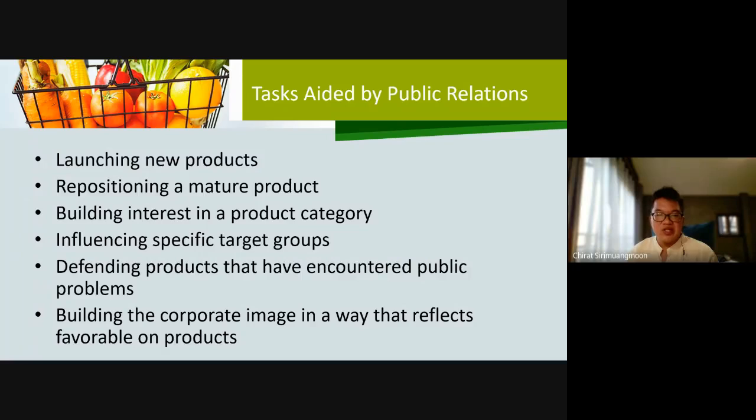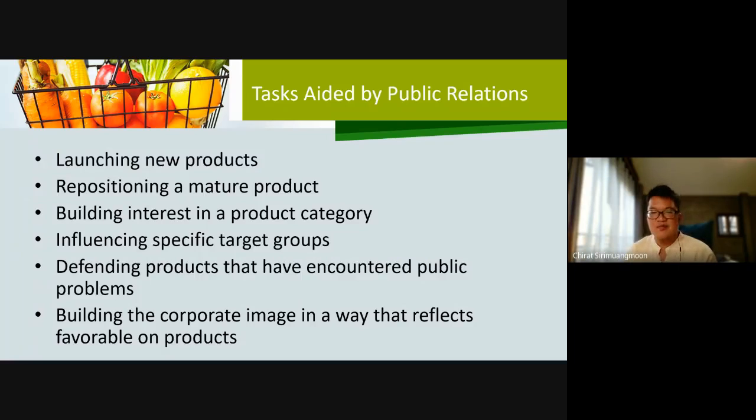Then building interest in the product category. If your product category is quite stable, you can do public relations to create more events, something that is changed. Like you have green tea, then you have green tea mixed with other tea from America or India.